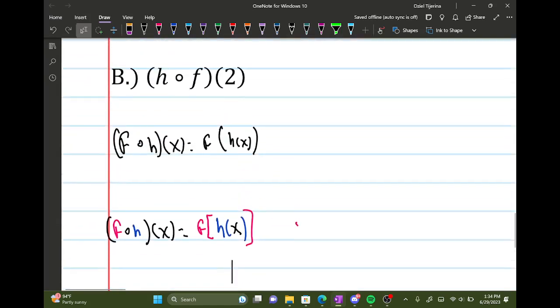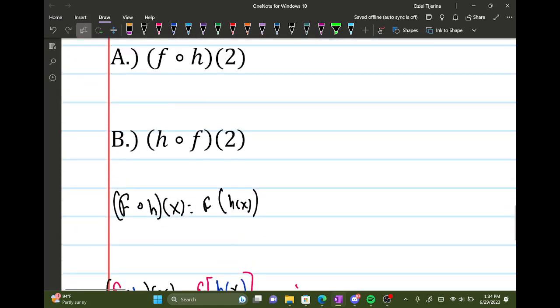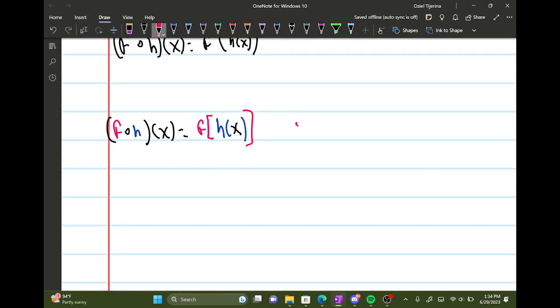So we have these two problems, right? We're going to do the first one, which is part A, and it tells us to do f of h of x, or I'm sorry, f of h of 2, f composited of h, and then of 2, right?